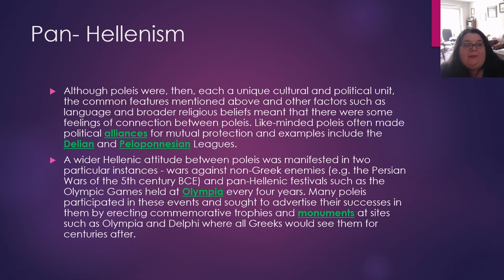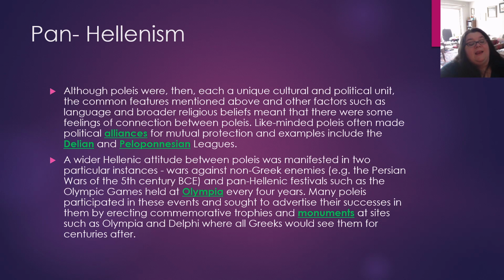Although polis were each a unique cultural and political unit, the common features mentioned above and other factors such as language and broader religious beliefs meant that there were some feelings of connection between the polis. Like-minded polis often made political alliances for mutual protection, and examples include the Delian and Peloponnesian leagues, which we're going to talk about more when we talk about war.